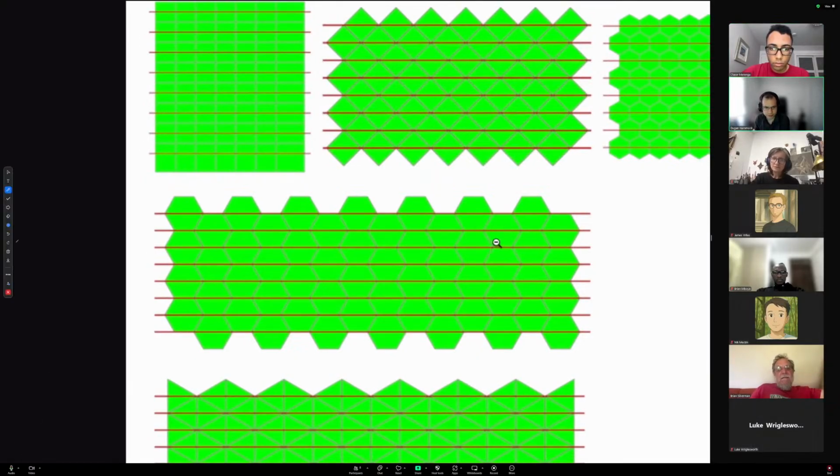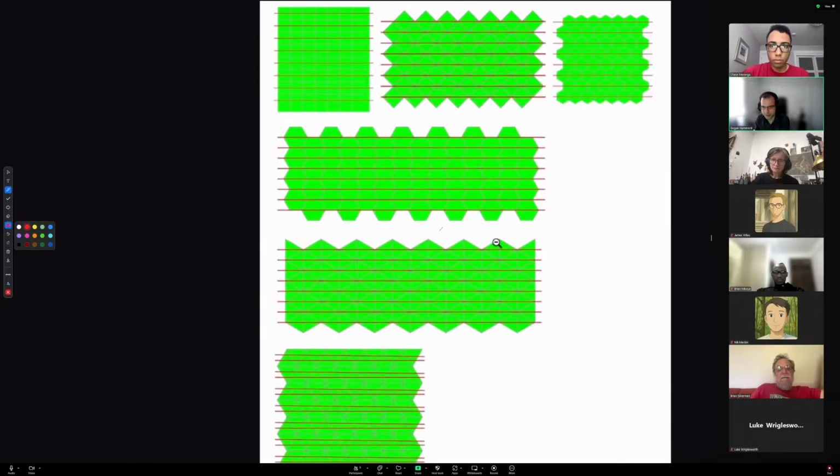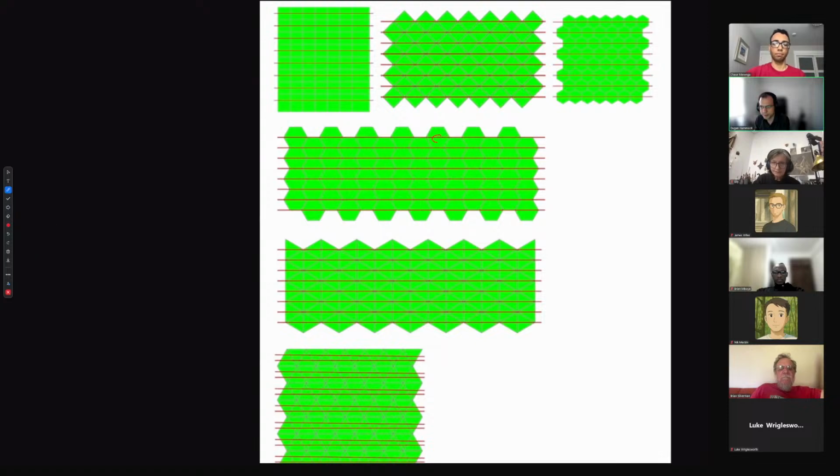I'm gonna draw on the screen. I know you can't really see. So this hexagon influences this one, and that one, and that one, and this one here also influences that one, and that's not something you get in a square tiling.